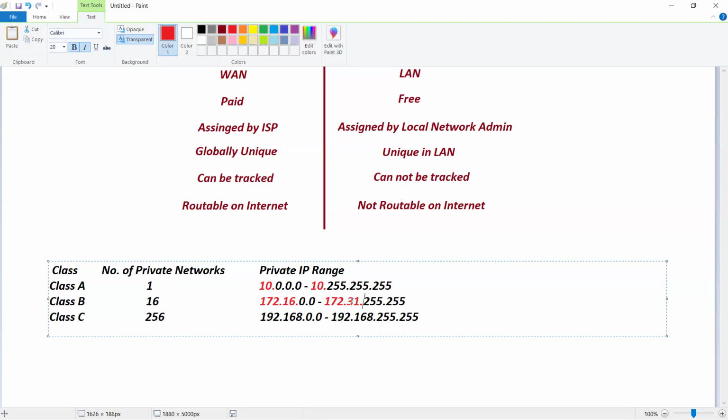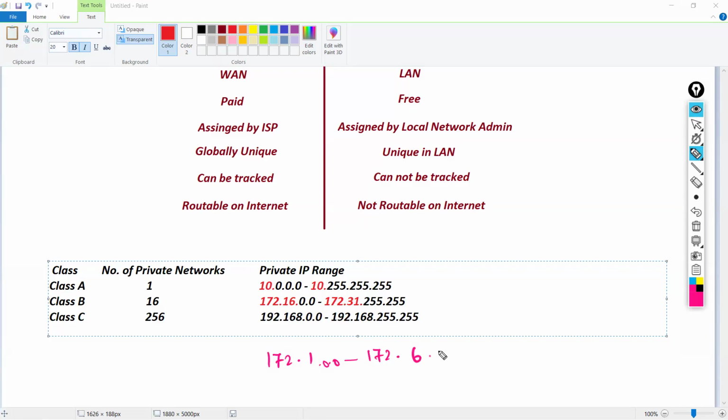Imagine it like this: if this range was till 172.6, how many would you say, 5 or 6? 6.